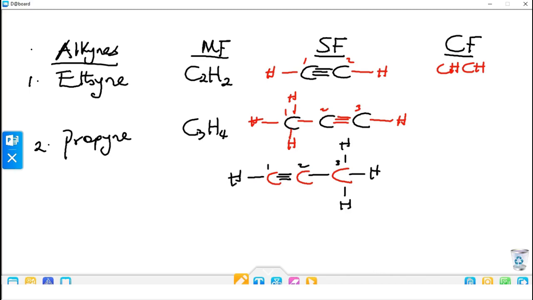Either way is correct. So for this, our condensed formula is going to be CH3C≡CH. And in this case, it is going to be CH≡CCH3. And this is how it's going to be. Either way is still correct.